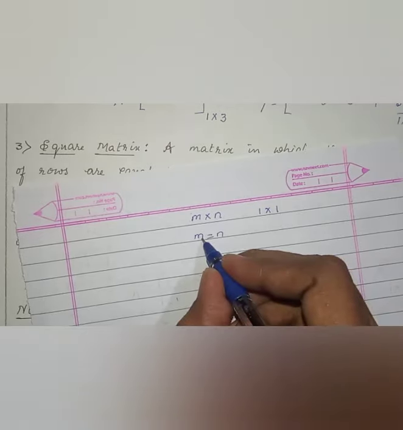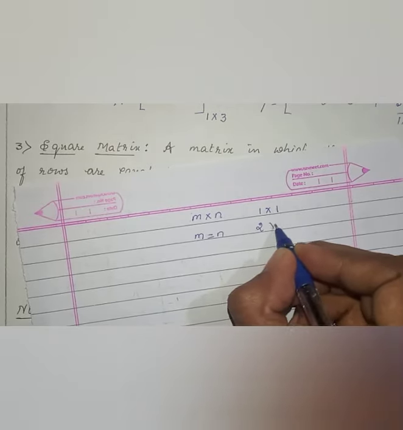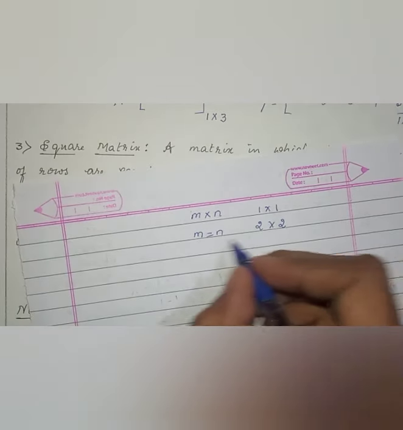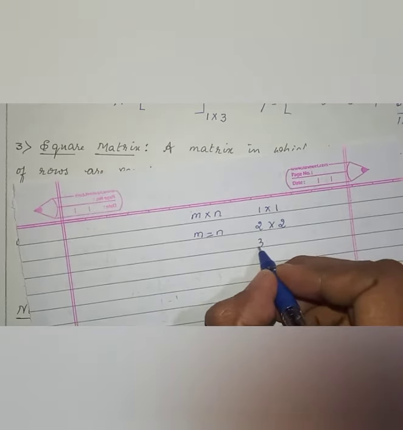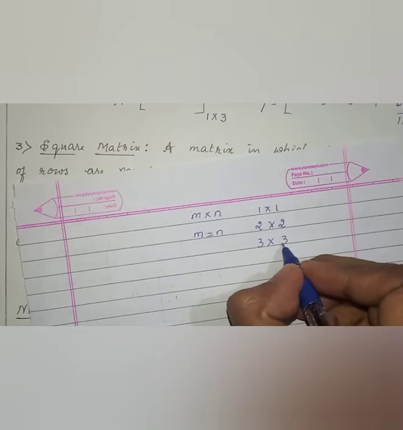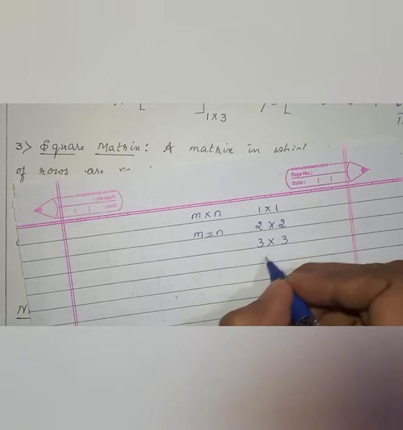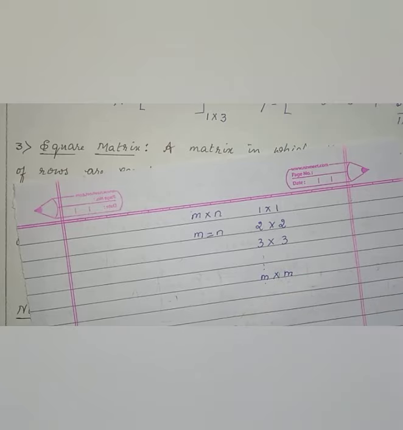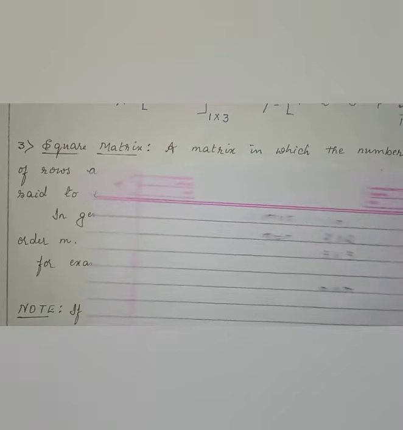If m is equal to 2, 2 by 2, so this is a square matrix. If m is equal to 3, 3 by 3, also a square matrix. Similarly, m by m, number of rows equal to number of columns, then we say that matrix is a square matrix.